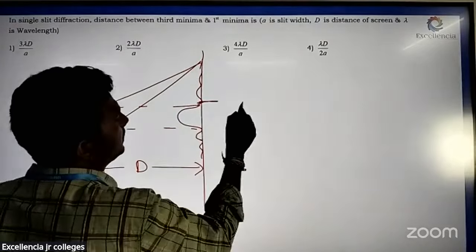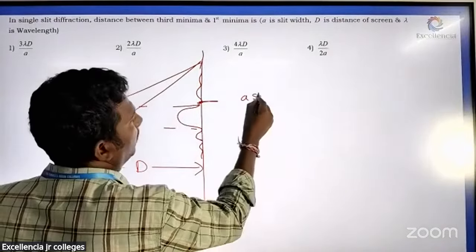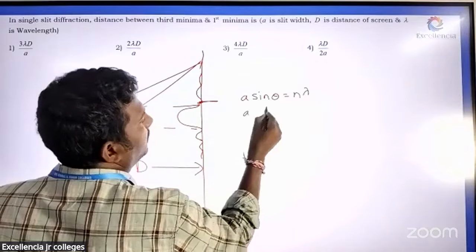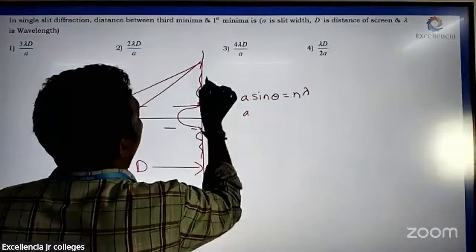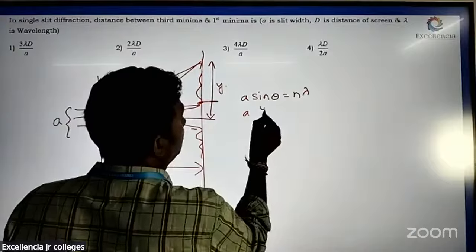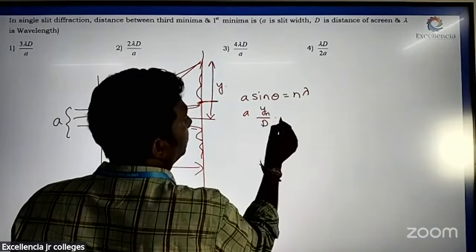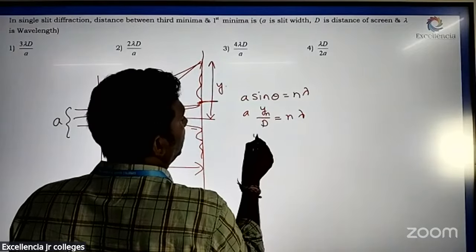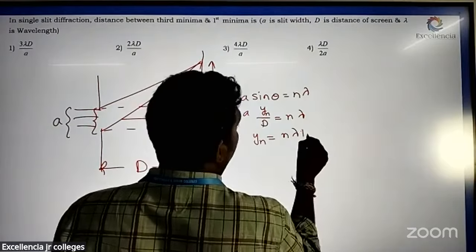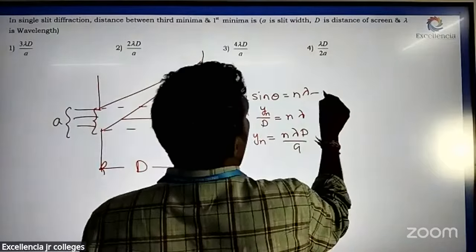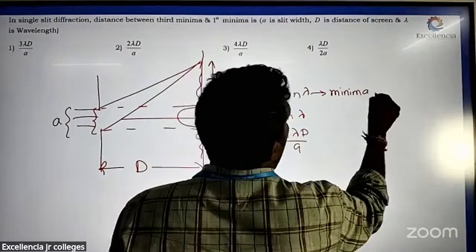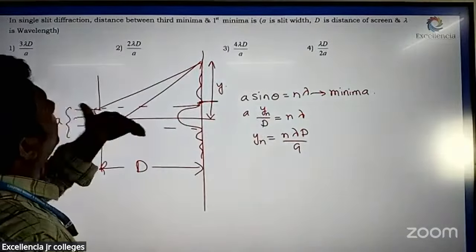Now students here, the minimum condition is a sin theta equal to n lambda. And we know that sin theta we can write as y n by D. So y n will be n lambda D by a. This is the condition for minima. So now they are asking what?